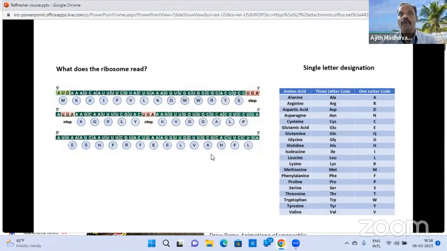Some take up a functional role in translation. They do not get converted into protein, but they have a function to play in translation. Hence, those molecules are called transfer RNA because they help in transferring amino acids.